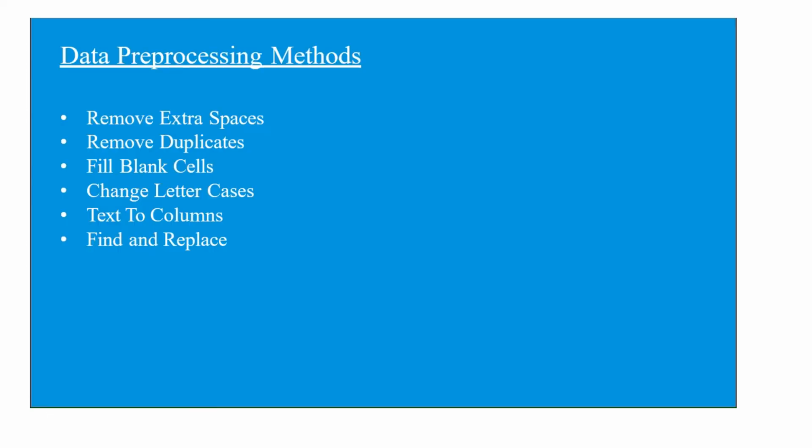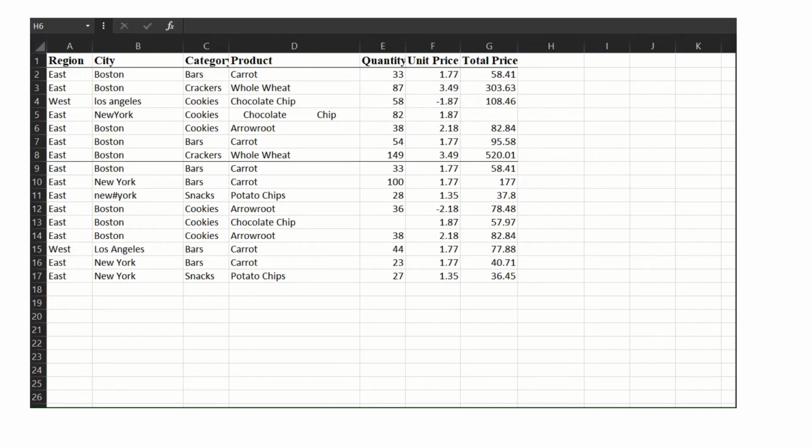As you can see, we already discussed removing the extra spaces. Next we are going to look at removing the duplicate values. In this Excel sheet, we can see some values repeating, duplicated with the same values: Boston, cookies, arrowroot, and here also it's repeating.